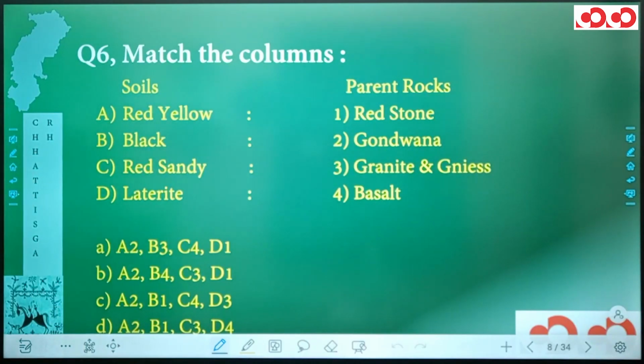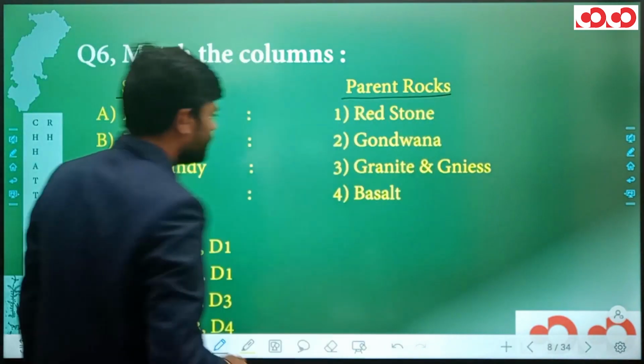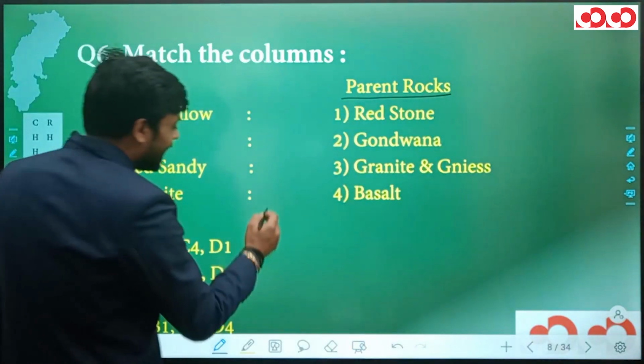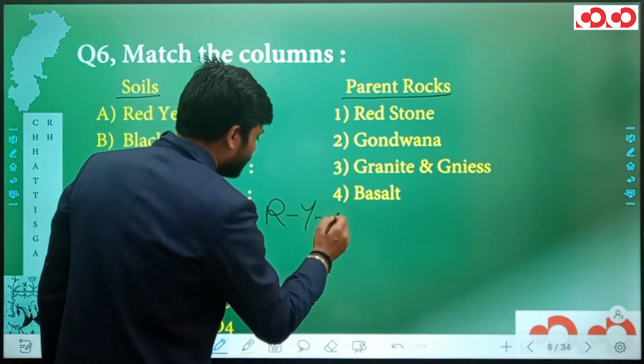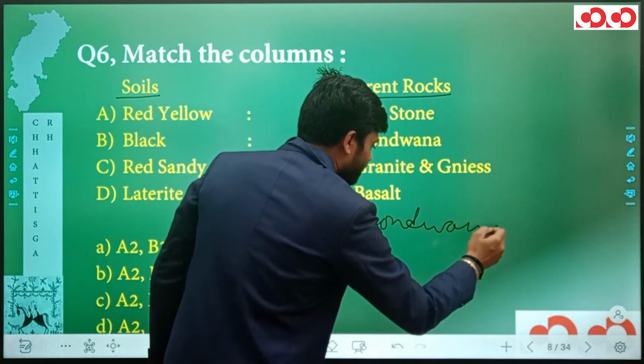In this sixth question, once again, we have to match the columns. This time around, we have soils and we have their parent rocks. Now let me tell you, regarding this red yellow soil, we have already seen the parent rock is Gondwana.